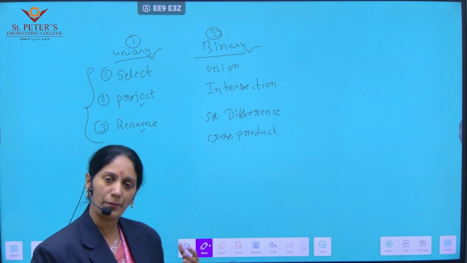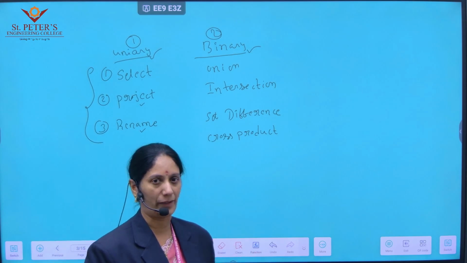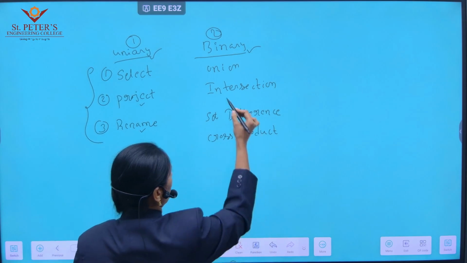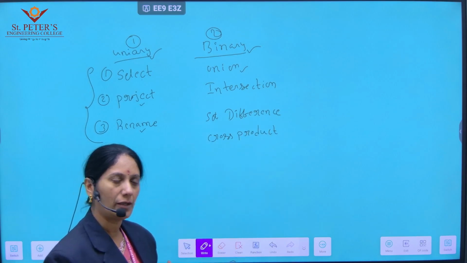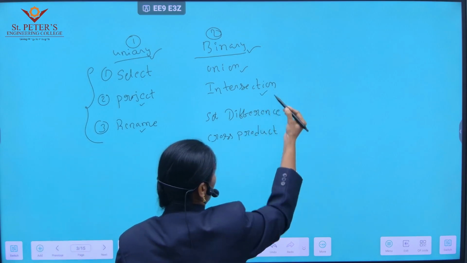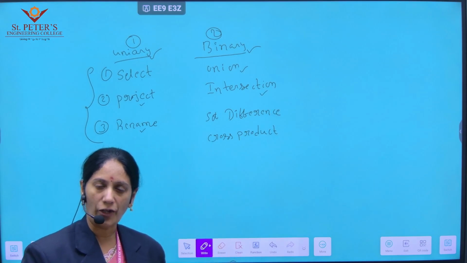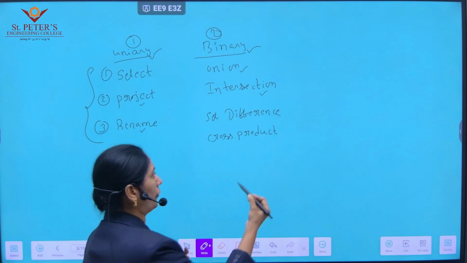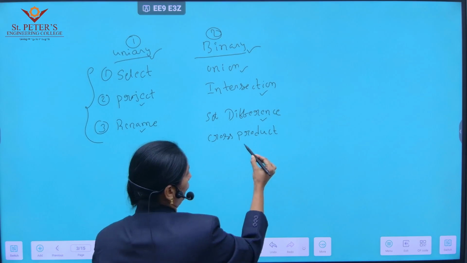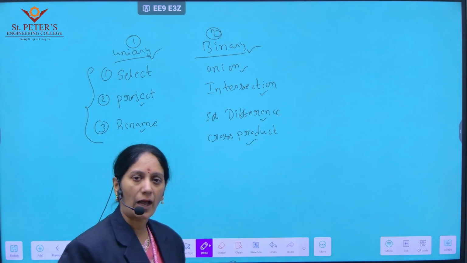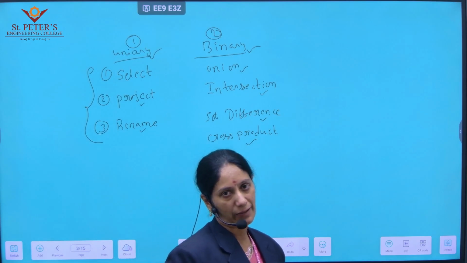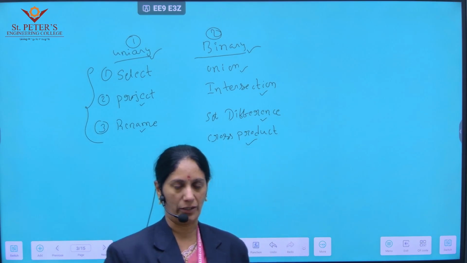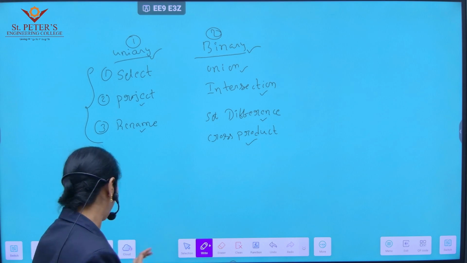The types of binary operations are the union operation, the intersection operation, the set difference operation, and the cross product operation, also called the Cartesian product operation. We'll see them one by one.